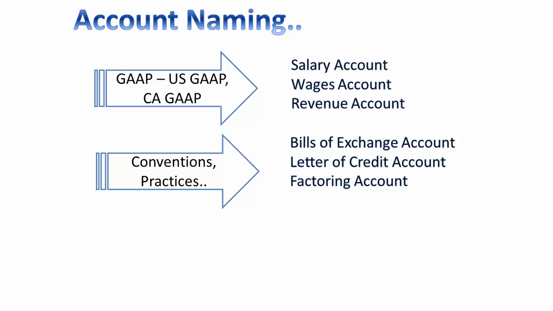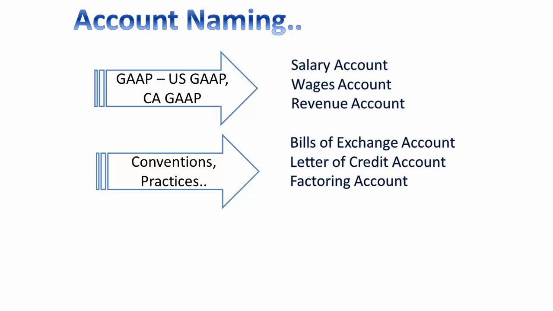In some countries factoring, meaning buying of receivables in advance, is allowed, so a factoring account may be available based on that practice, right? And in some countries it may not be available.